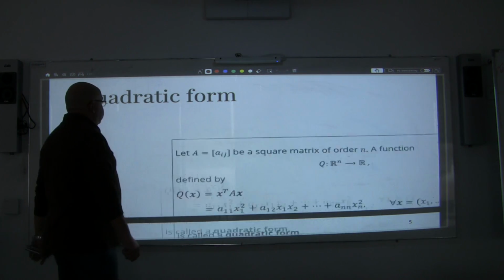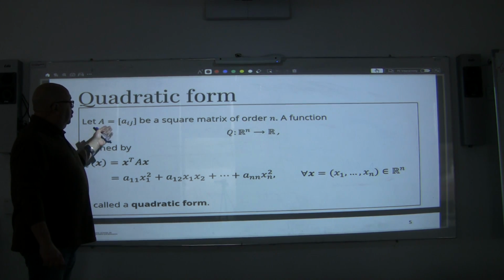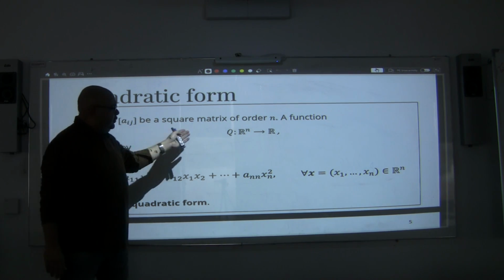I will start with the definition of the quadratic form. Let A, with entries a_ij, be a square matrix of order n.